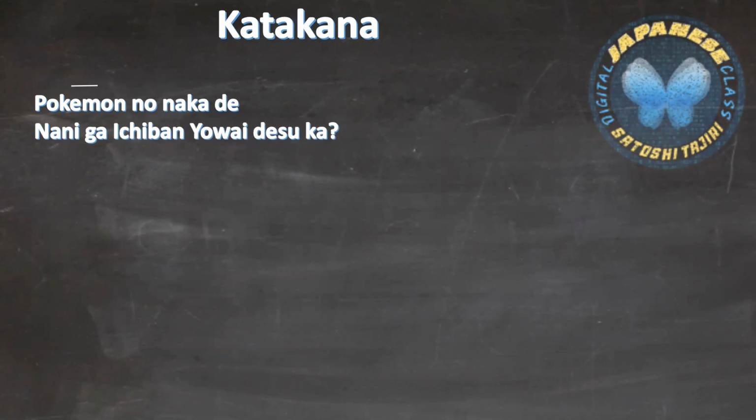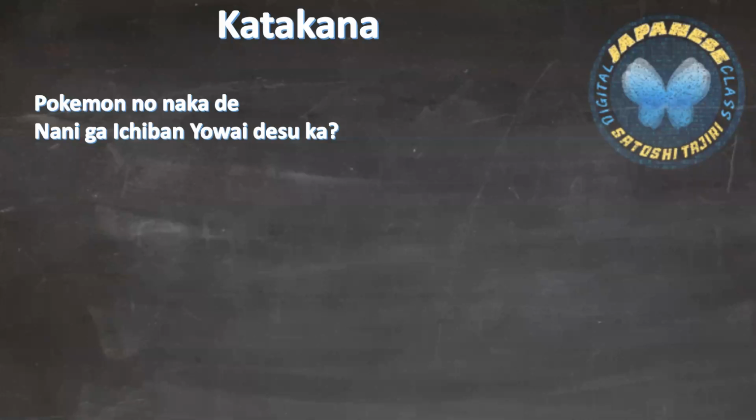Who is the most weakest? Can you give your answer? Pokemon no naka de nani ga ichiban yowai desu ka? Who do you think is the most weakest of the animal?